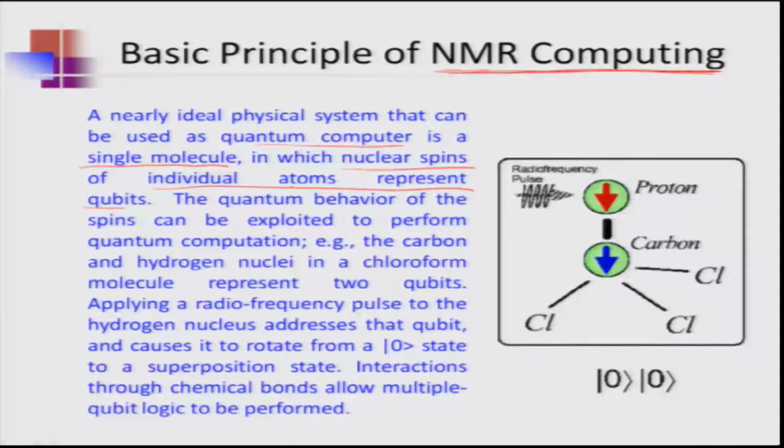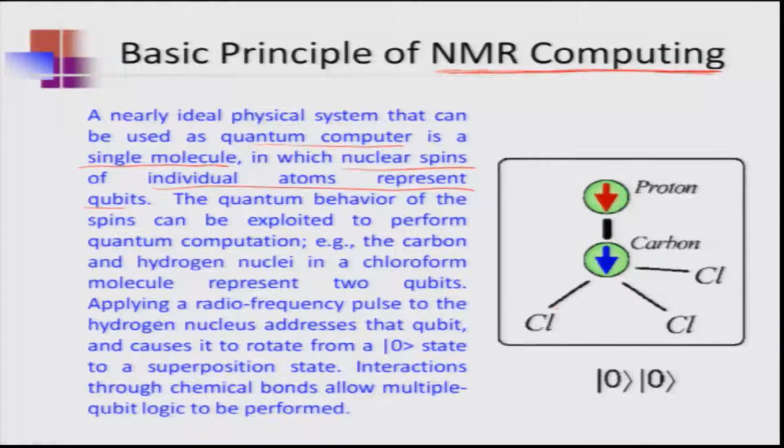What we are trying to show here is one of the very simple molecules, for example, one containing a proton, carbon and chlorine and all that. So, it is a chloroform molecule where we have one proton, 3 chlorines and 1 carbon.